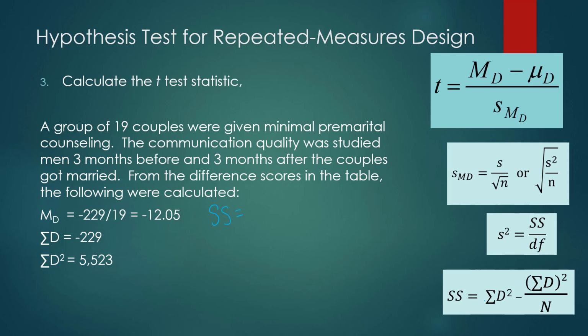So for the sum of square deviations, we need the sum of our distance squared, 5,523, minus the sum of our difference score, which is 229, so it's negative 229, squared over our n, which was 19.